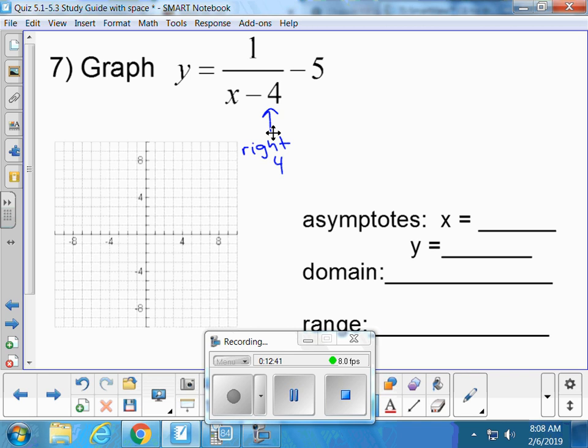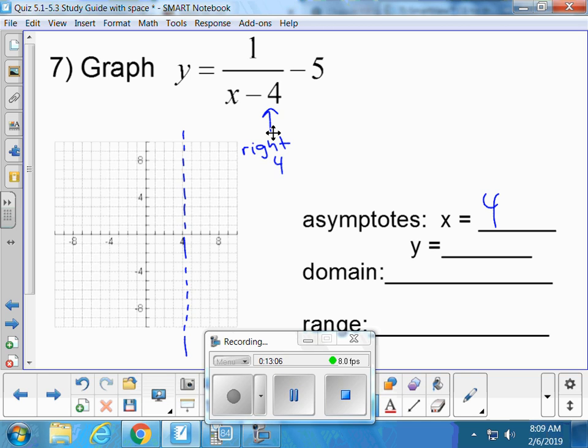It normally lives at 0, straight up and down at 0. But now it's going to live over here at x equals 4. Does that make sense? You can also set the bottom equal to 0 to get that number. If I set x minus 4 equal to 0 and solve, I'm going to get 4. Because 4 is a number I cannot put in for x, because then I would be dividing by 0.